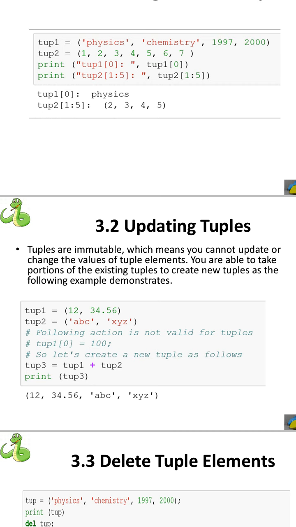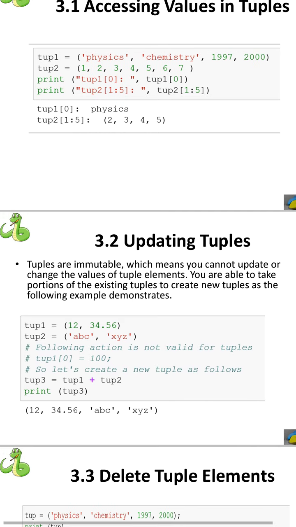In our earlier videos we studied slice operation: whenever we specify values for both the start index and the second index, it will discard the second index and consider only values up to second index minus 1. Hence, when I say tuple 2 of 1 colon 5, it will access values in tuple 2 from index 1 up to index 4.